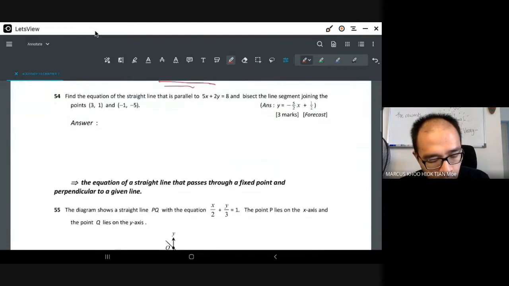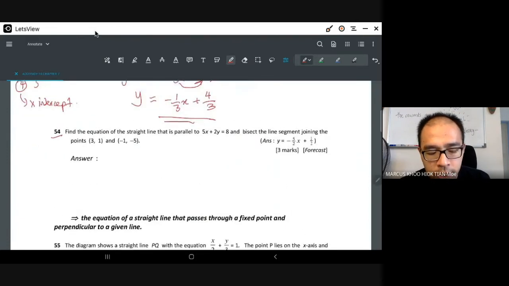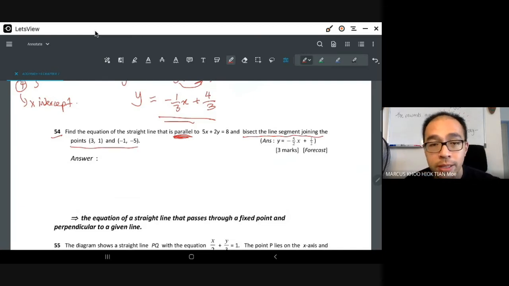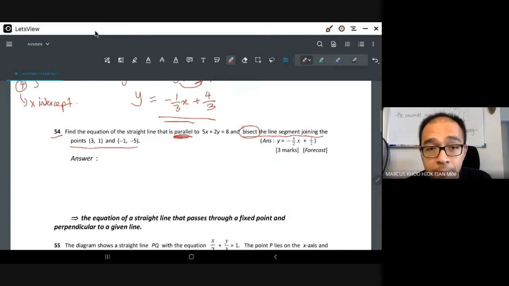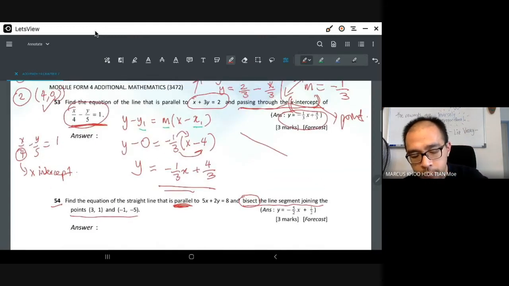Let's do number 54. Find the equation of a straight line that is parallel, once again, is parallel, and bisects the line segment joining. So this one we need to talk a bit. When we talk about bisect, do you know what is bisect? Bisect means if there is a line, the bisector is the midpoint.